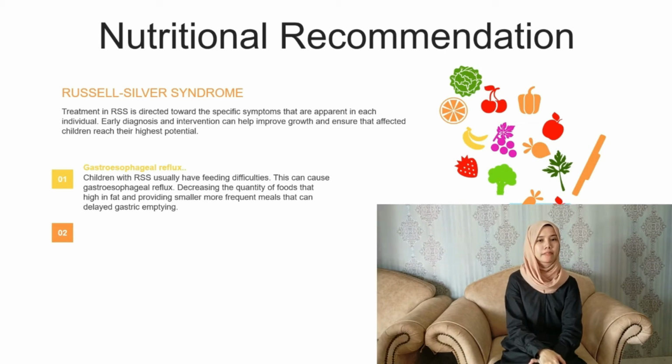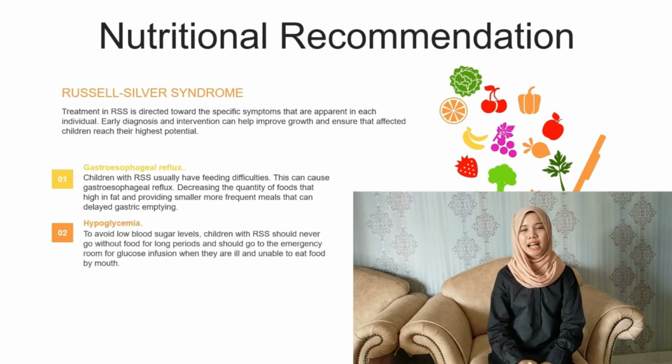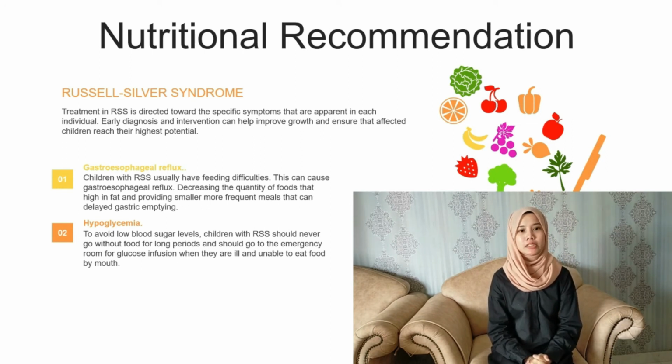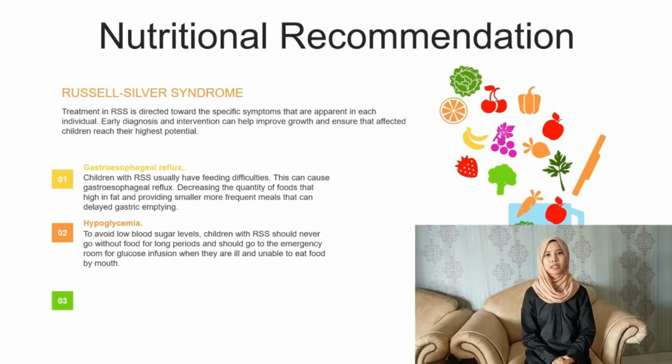With this, it can avoid gastroesophageal reflux in children with RSS. Next is hypoglycemia. To avoid low blood sugar levels, children with Russell-Silver syndrome should never go without food for a long period of time, and they should go to the emergency room for glucose infusion when they are ill and unable to eat food by mouth.